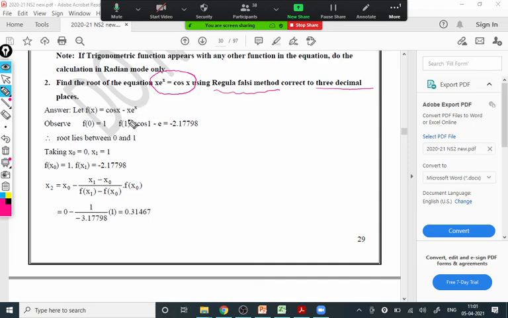As this is f(x), we have to check in which interval the root exists, and that interval is generally taken between two nearest integers. So we checked f(0) as 1 and f(1) as minus 2.17. It is observed that f(0) is greater than 0 and f(1) is less than 0.